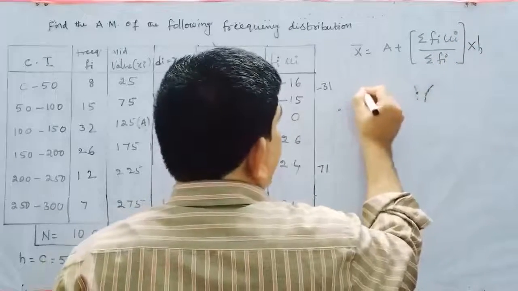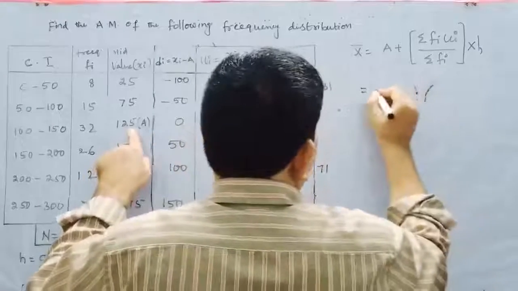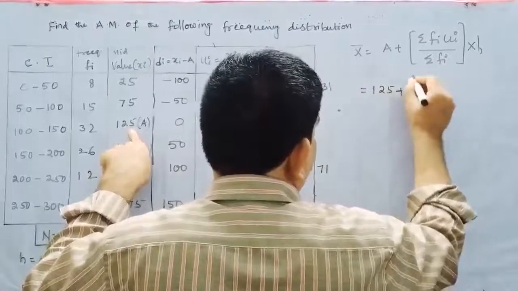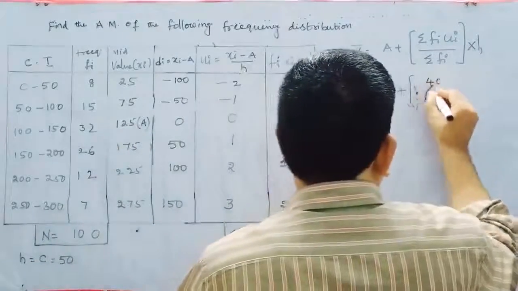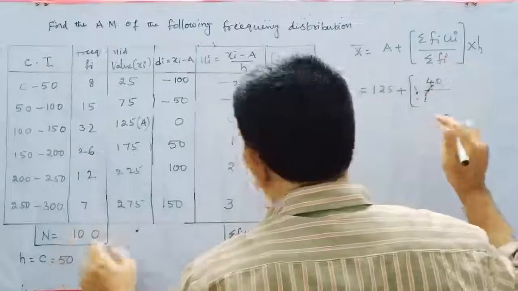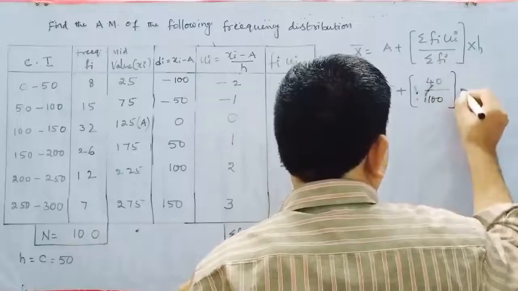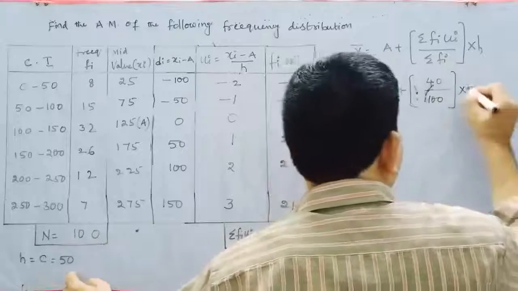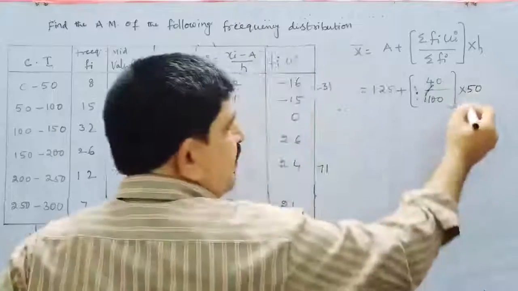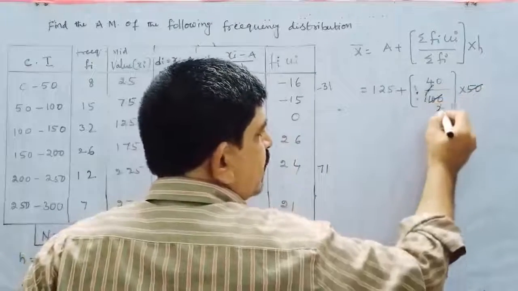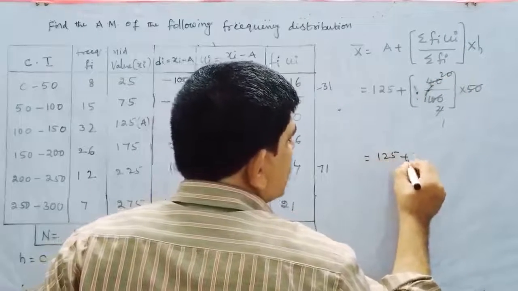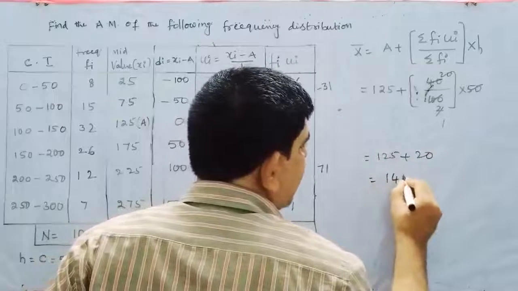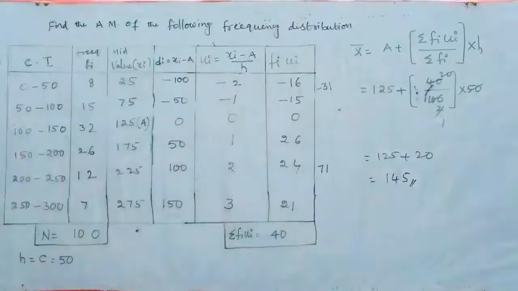So 125 plus 40 by 100 into h, the height of the class, is 50. 40 by 100 into 50 is 20. So 125 plus 20 is equal to 145. This is the arithmetic mean of the given distribution.